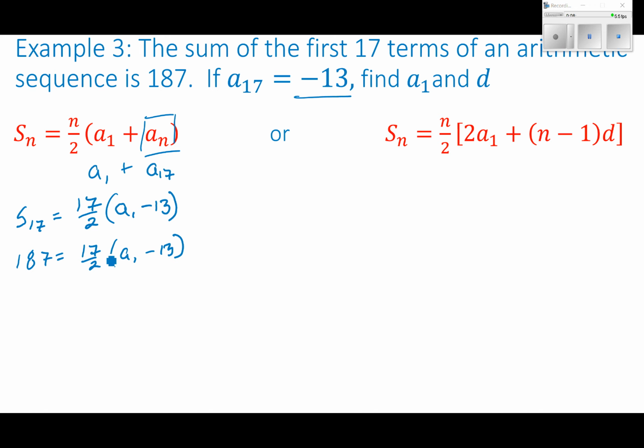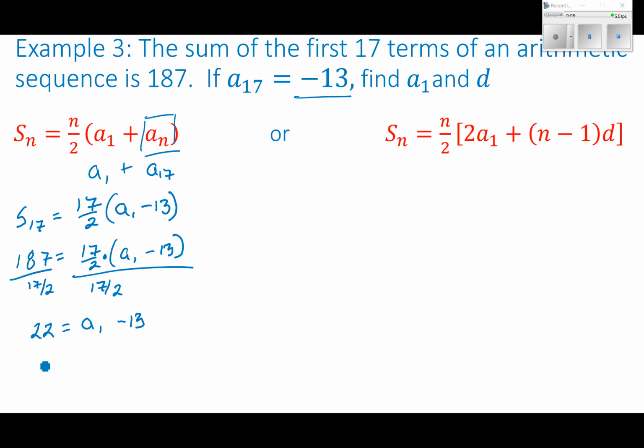I want to divide that 17 over 2 out from this side. Work that out, I end up with 22 equals a sub 1 minus 13.